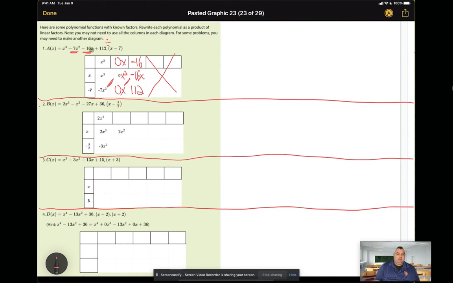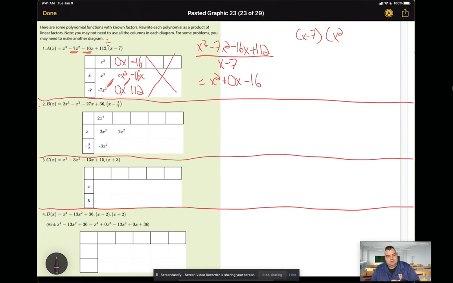If I divide x cubed minus 7x squared minus 16x plus 112 by x minus 7, my answer is going to be x squared plus 0x minus 16. That's the answer. So right now, my two factors are x minus 7 and x squared plus 0x minus 16.